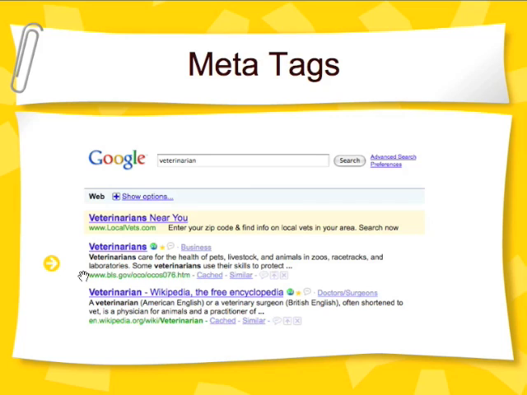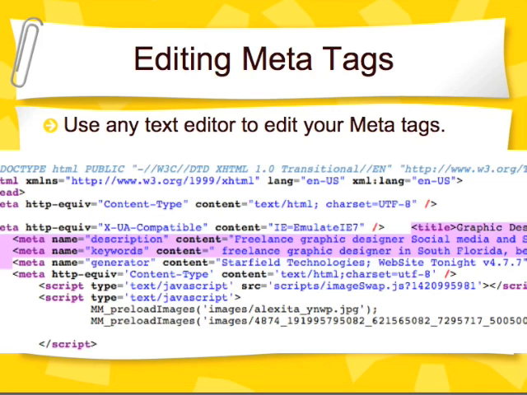Just make it short and sweet to the point. And then a veterinarian, American English, or a veterinary surgeon, blah blah blah. That is a description. And then at the bottom you see that's the URL. So that is the whole point of creating this meta tag. So you can tell the search engines what your website is about, and you're going to manage what they're showing on the results.